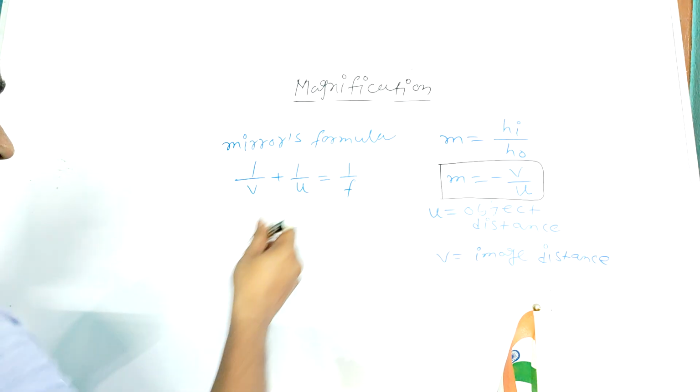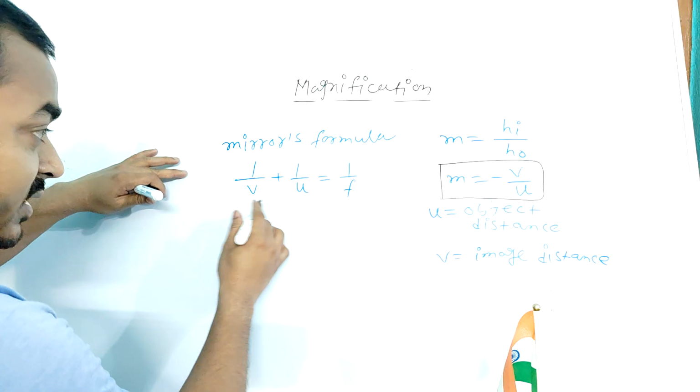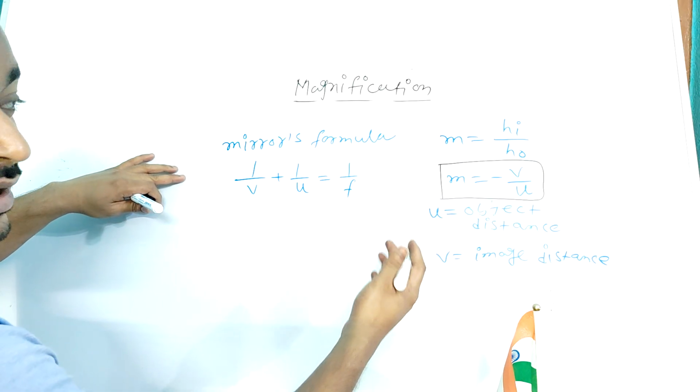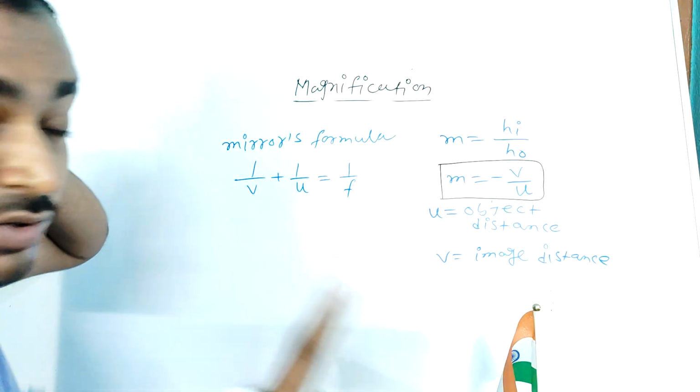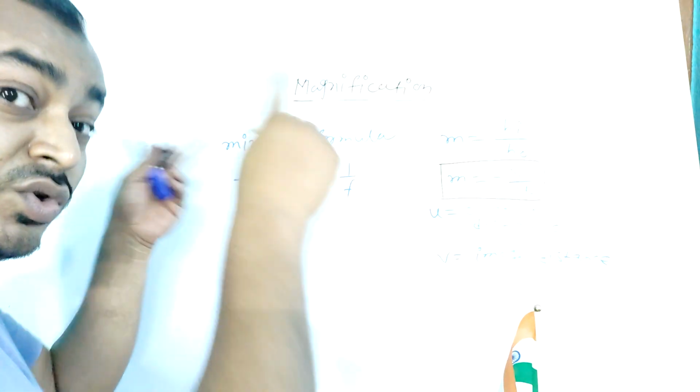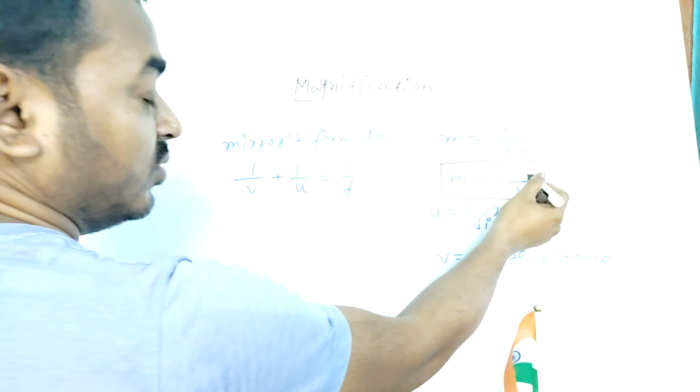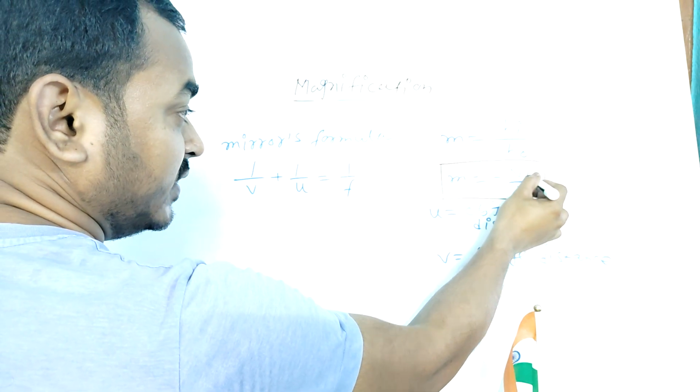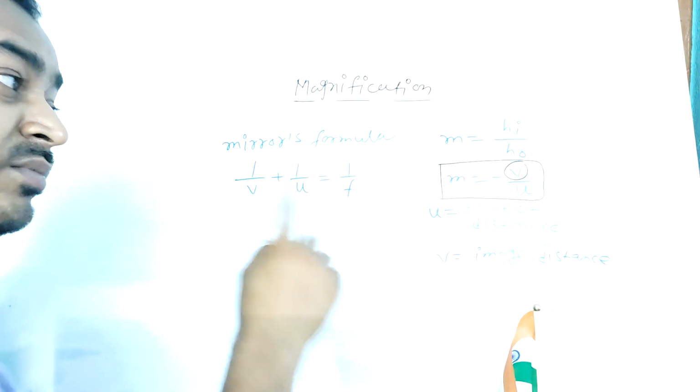So, 1 by v plus 1 by u is equal to 1 by f. Now find or write v in terms of u and f and substitute here. To find the two formulas, first we have to replace v, second time we have to replace u.